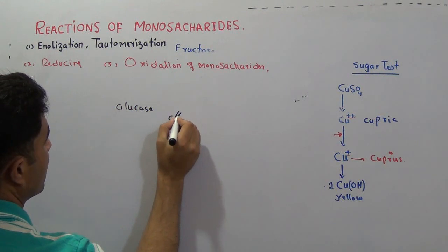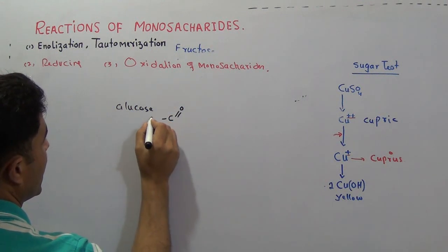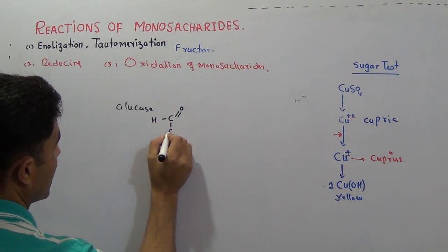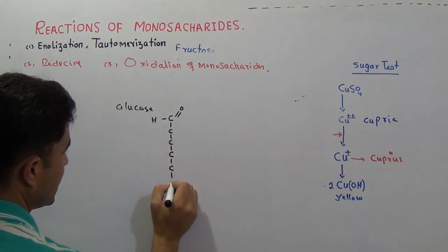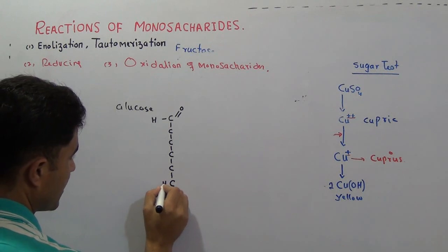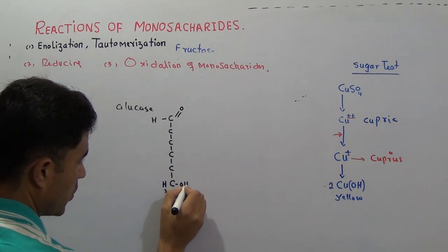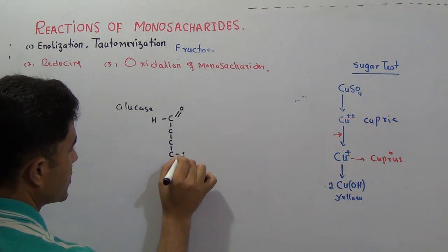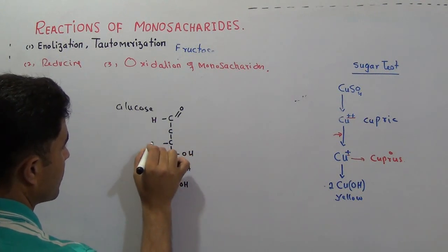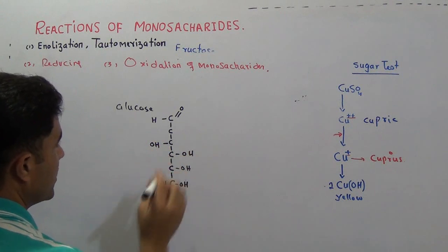C double bond O H, and then you can write the second carbon, third carbon, fourth carbon, fifth carbon, and sixth carbon. The sixth carbon is so easy to write, CH2OH. On the other carbons you will write OH on the right side, except the third one, where you will write OH on the left side.